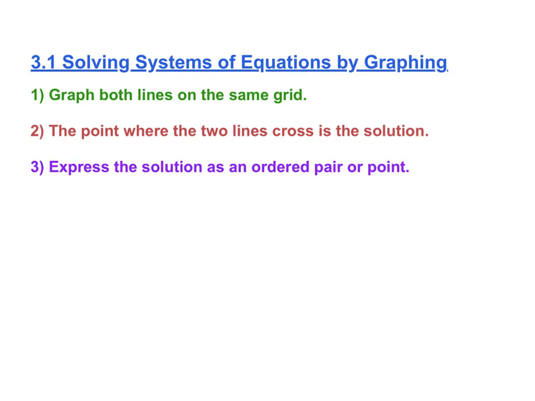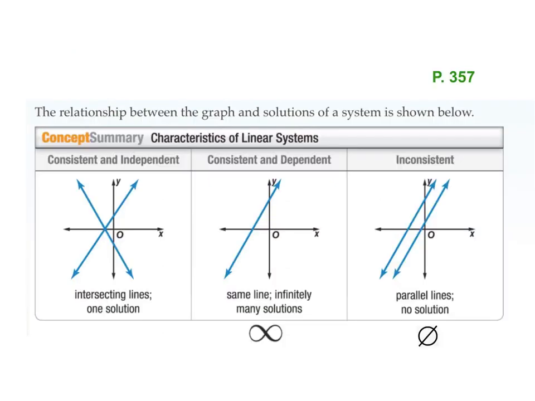You can either take a picture of this page or screenshot it from your book. It is on page 357 in your book. There are some terms up here that you need to know. They will ask you to describe the types of solutions. Up top, you'll see the descriptors.